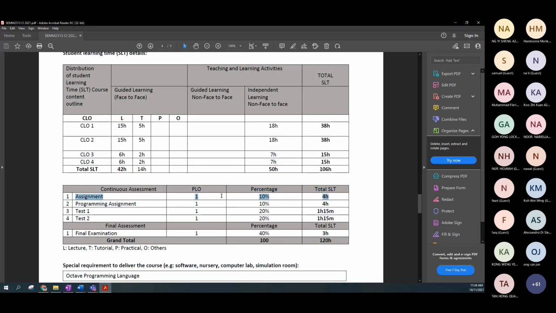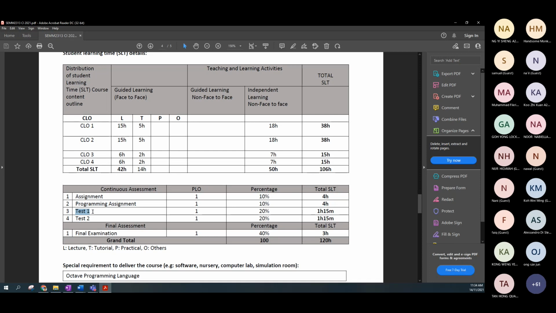So assignment 1 that I have sent to you before, assignments 1, 2, 3 will be accumulated and contribute 10%. The programming assignment using Octave or MATLAB contributes 10%. Test 1 is on 23 November, please score well.